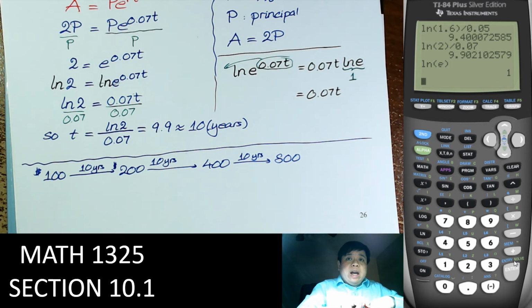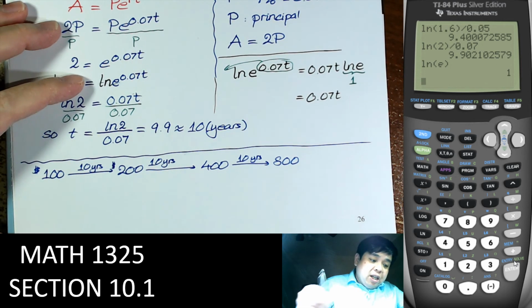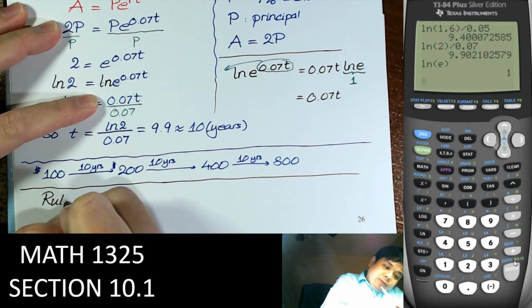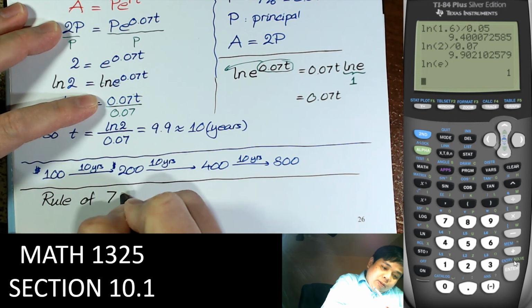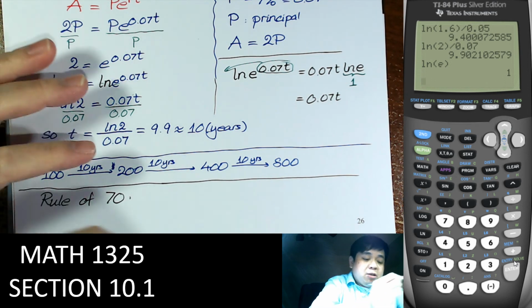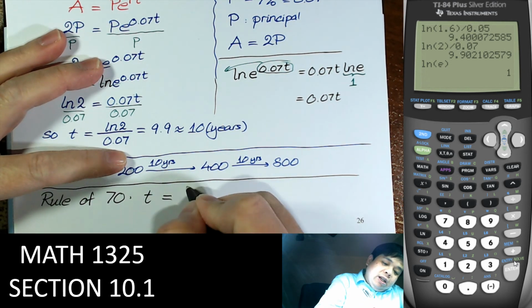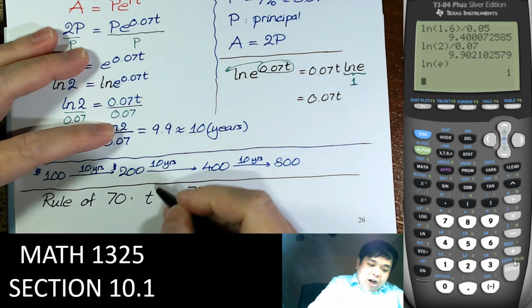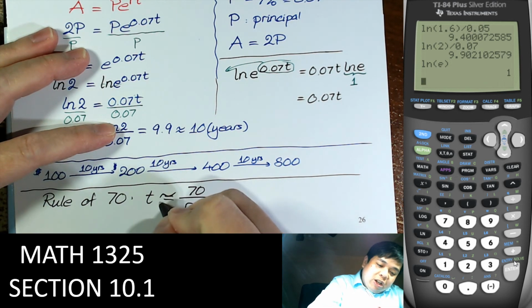Right. So there is a rule in business. It's called the rule of 70. It says that the time to double an investment is equal to 70 divided by the rate. So, I mean, approximately equal to, not exactly.